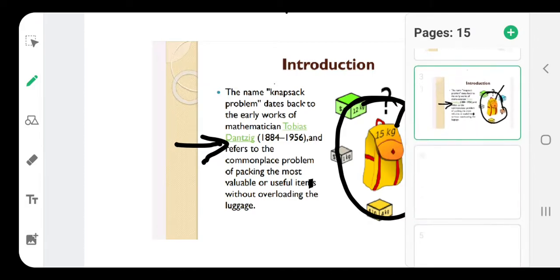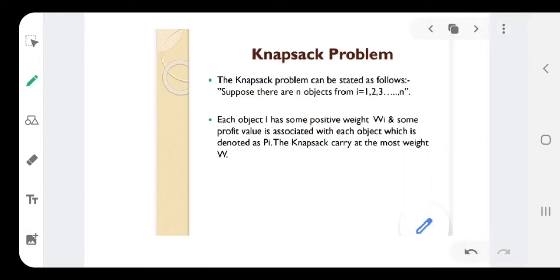So, technically, what is the knapsack problem? The knapsack problem can be stated as follows. Suppose we have objects, and we represent an object by the symbol small i, where the objects are 1, 2, 3, and so on.